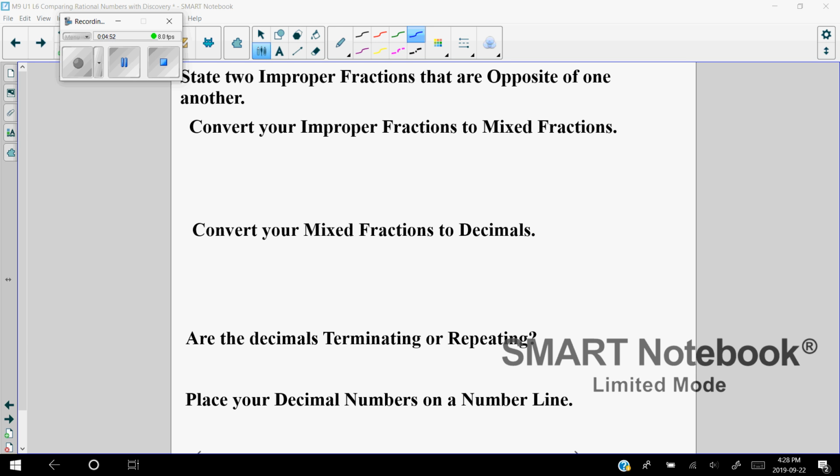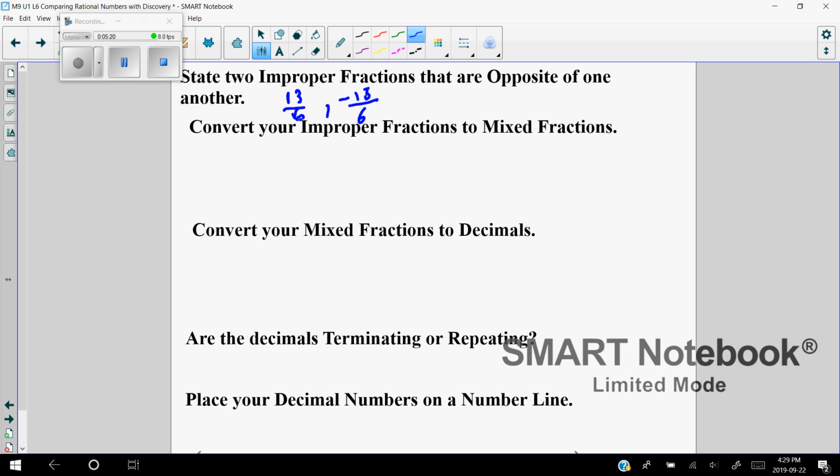Okay, so an improper fraction in this case is going to be, let's just choose 13 over 6 and negative 13 over 6. Okay, then we need to convert your improper fractions to mixed fractions.